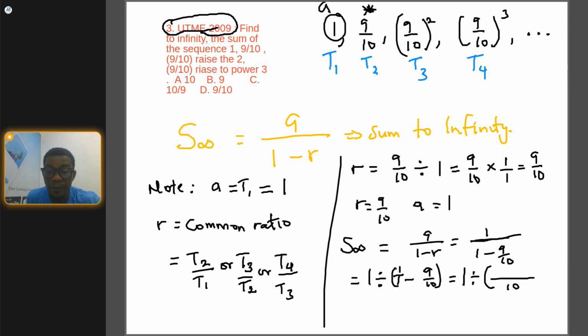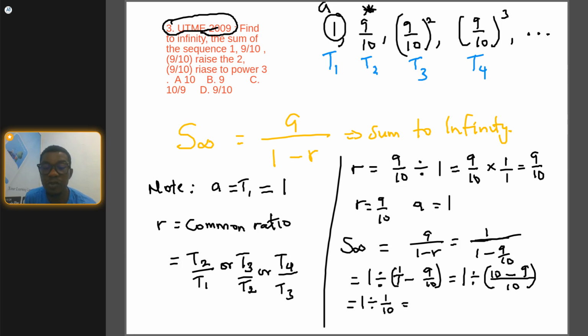By simplification of the LCM, 10 divided by 1 is 10, multiplied by the numerator gives 10. Then minus 10 divided by 10, that is 1, multiplied by the numerator, which is 9. We have 9. Close the brackets. That gives us 1 divided by, take away 9 from 10, and the answer is 1/10.